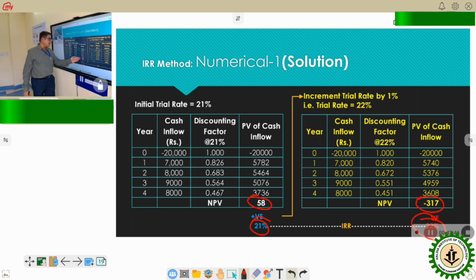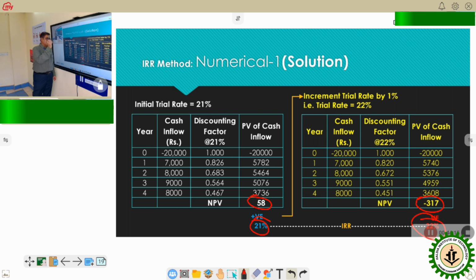Had this figure been negative, suppose you started with 22% and got a negative figure, in that case please keep in mind that you have to decrease the rate so that the NPV will approach towards positive from negative. You decrease the rate by 1% or 2%, and see whether you are getting a positive NPV.